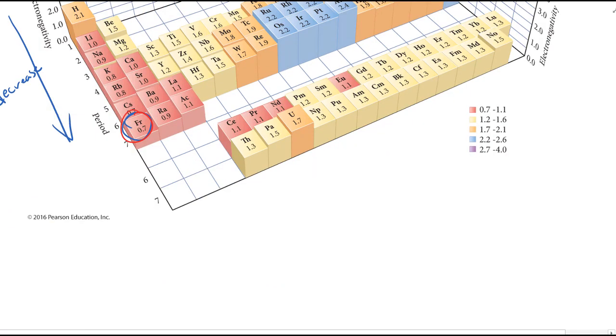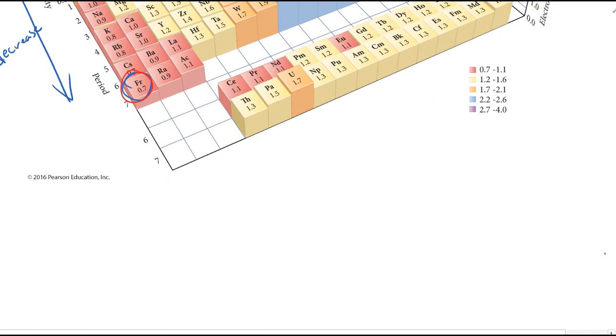Now your text goes a little bit further, and I don't think we need to know this, but just in case it shows up on your final, there's some criteria. If the difference in electronegativities is 0 to 0.4, we say this is a nonpolar bond.